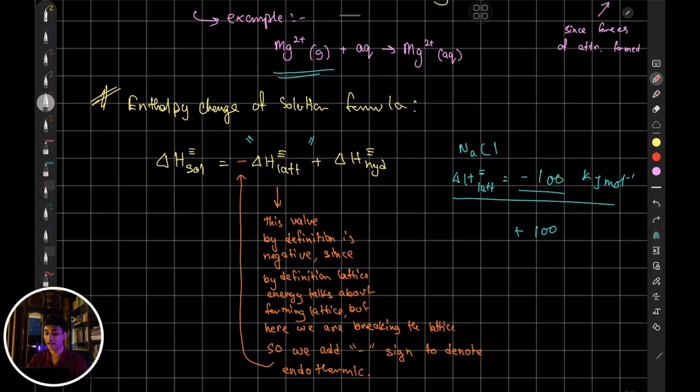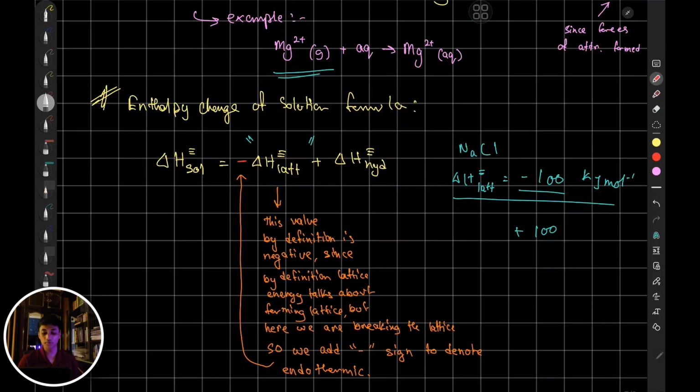That is the whole reason for adding a minus sign in front of del H lat, because we want the positive value. Why do we want the positive value? Because it's an endothermic process in the case of enthalpy change of solution, where the ionic structure is broken off.